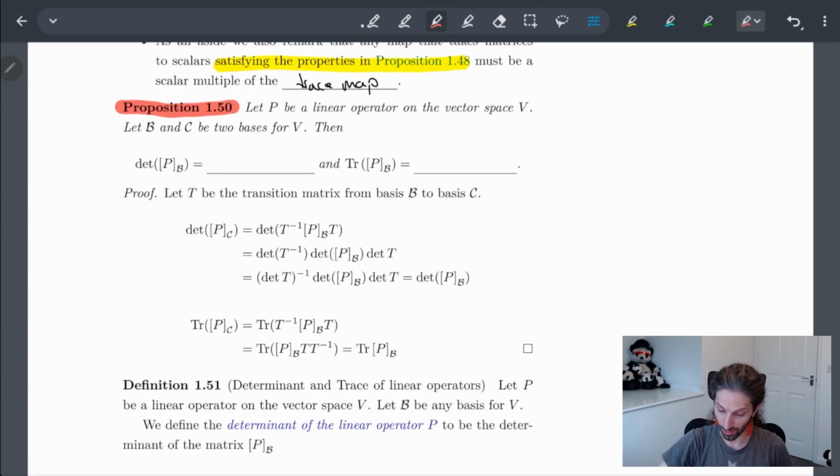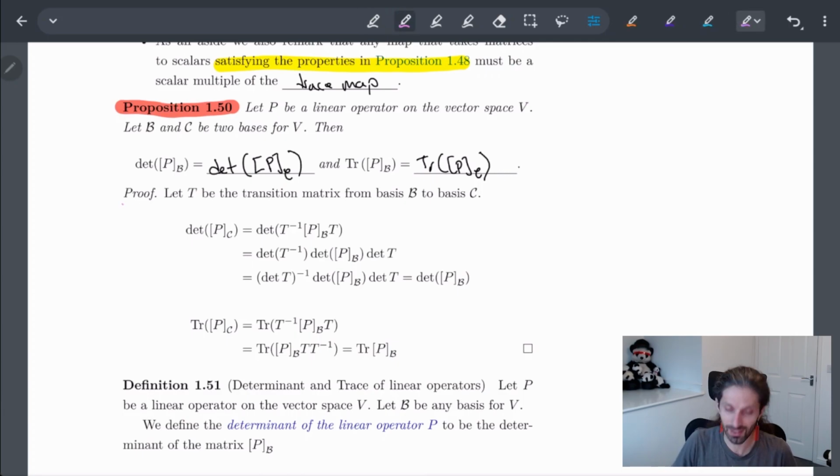If I look at it over a different basis, how does this work? It turns out that they're actually just identical. The determinants are the same. And as you can probably guess, the traces are also going to be the same. You could have guessed that if you had looked at the proof, but I'm assuming we haven't gone that far yet.